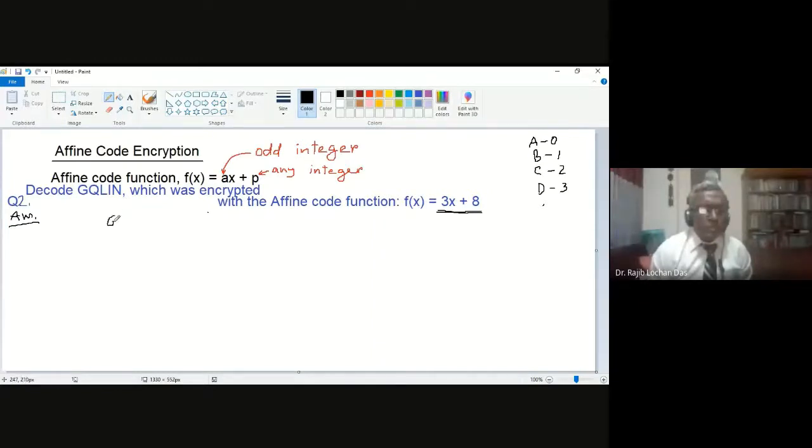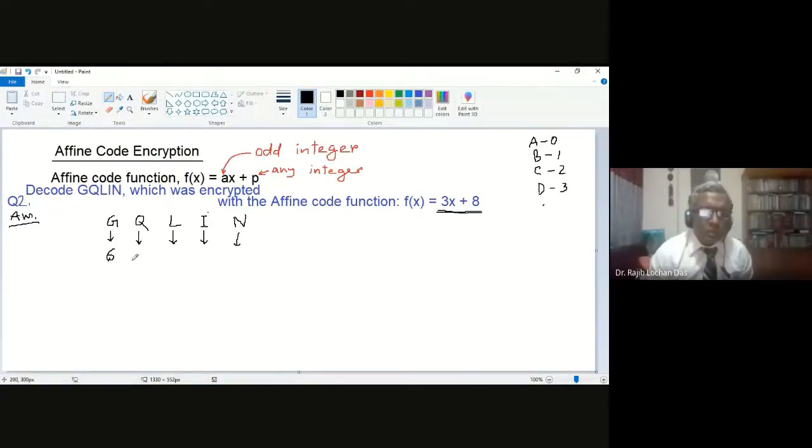So you start with GQLIN. The first line is the same. You will start with the given code, and then you write the number. That is also the same thing. So what is the number for G? You told me it is 6, right? Yes, it is 6. That is the number from the alphabet.